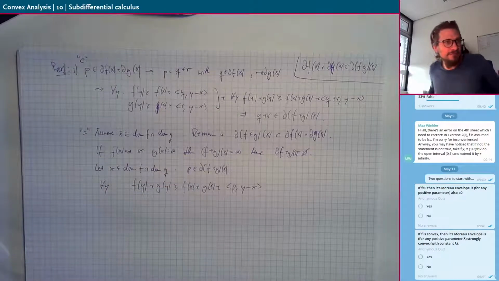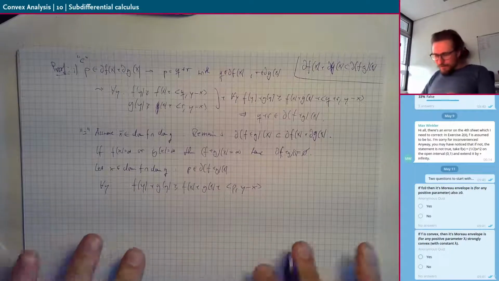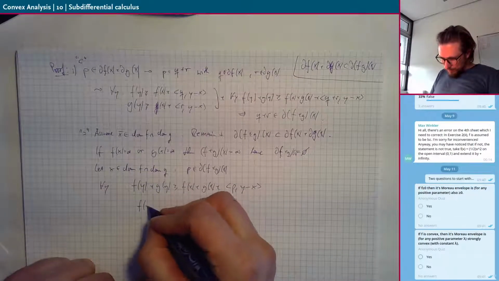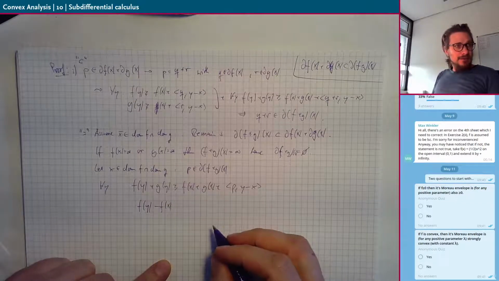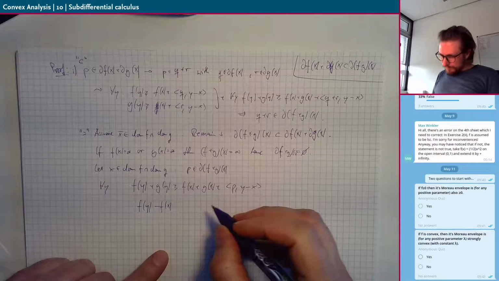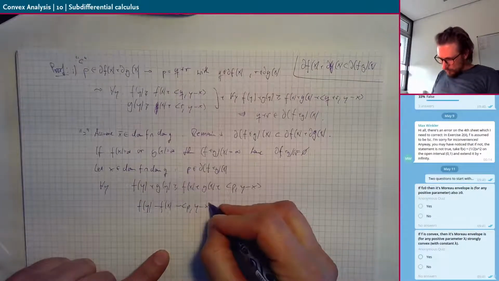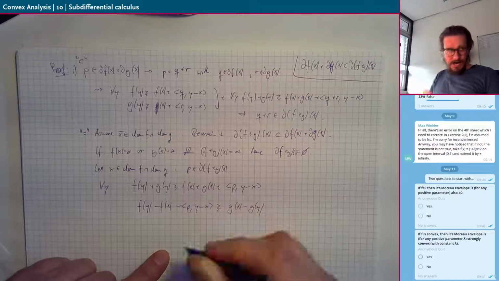We rewrite this a little differently. We separate the contributions of f and g: f(y) minus f(x) minus p times (y minus x) is larger than g(x) minus g(y).